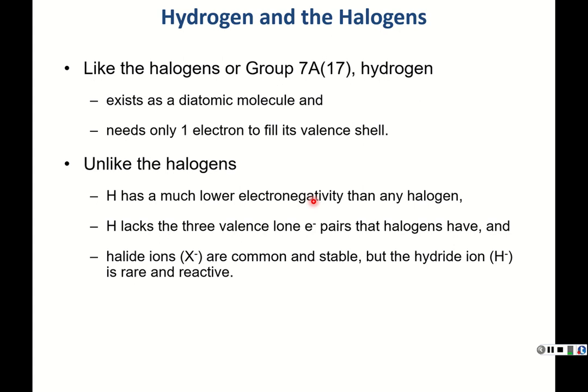So if you put hydrogen above that, that kind of bucks that trend. Hydrogen lacks the 3 valence lone electron pairs that halogens have. So it doesn't have the lone pairs. Halide ions, X- ions, are common and stable, but a hydride ion, H-, is very rare and very reactive.